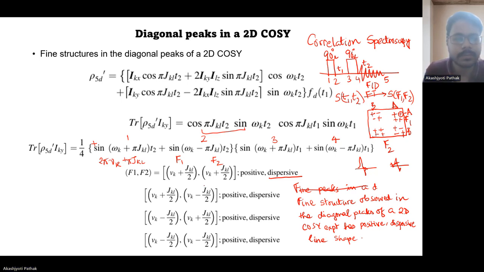Remember why it has a dispersive line shape: because they're all sine functions. And from where do we get this sign? If you solve the trace of this density operator, you see that all these terms have positive signs. That is what is shown over here.